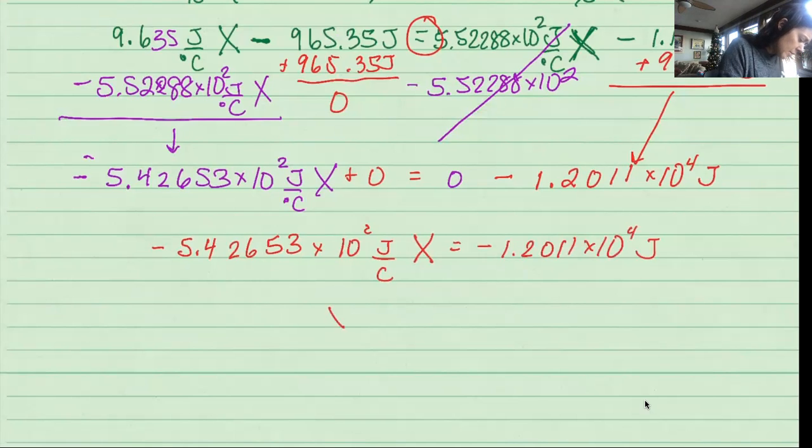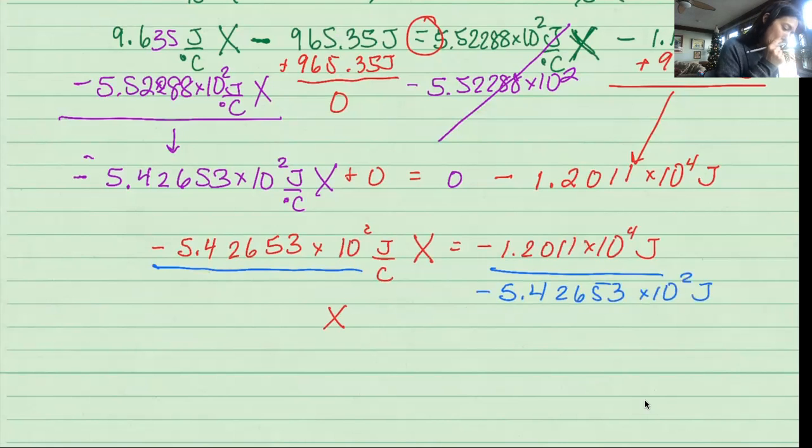Let's solve for X by dividing both sides, right? Getting him to the other side. So dividing both sides by negative 5.42653 times 10 to the second joules per degree Celsius.